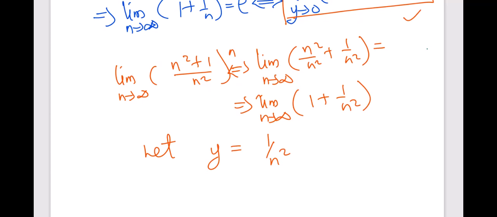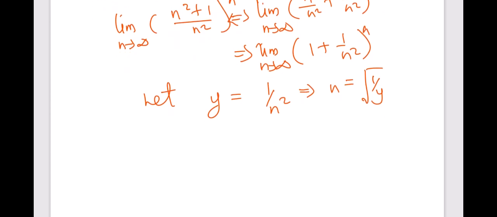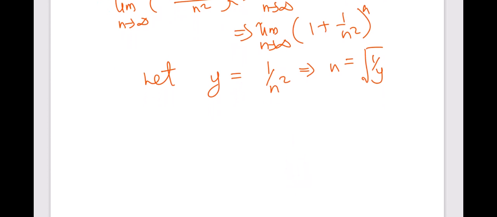So this will imply that n is equal to the root of 1 over y. Okay, so this one is power n, sorry, like this. Now, therefore, as n goes to infinity, y will go to 0.